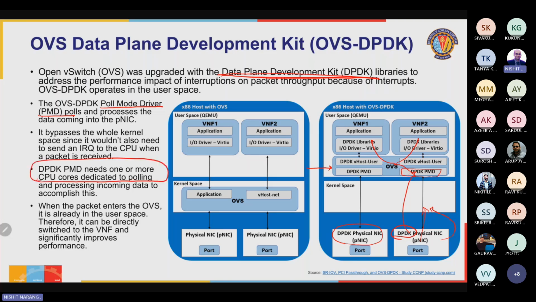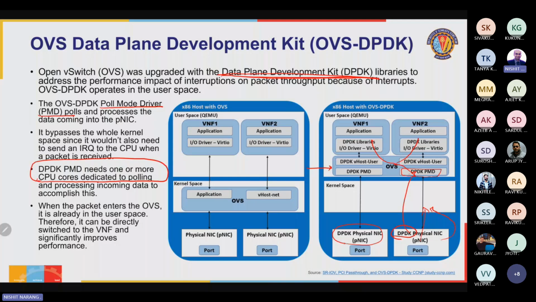Because the poll mode driver will continue to poll infinitely the NIC card underneath. So one core of the CPU is dedicated to this polling function that is done by the poll mode driver. The other CPU cores can be shared for other functions. Okay? But one core of the CPU is dedicated to the PMD. And this is one other alternative, that is an Intel backed technique to improve your VNF performance.